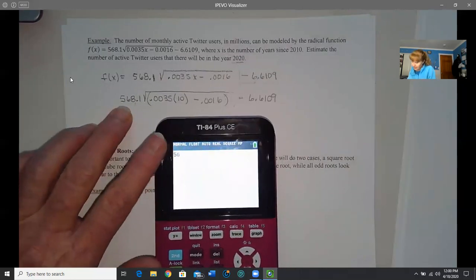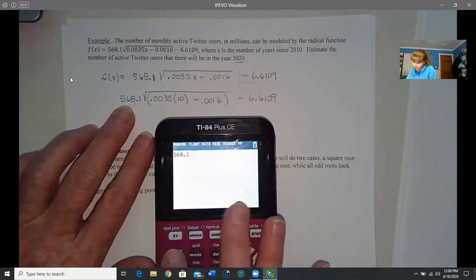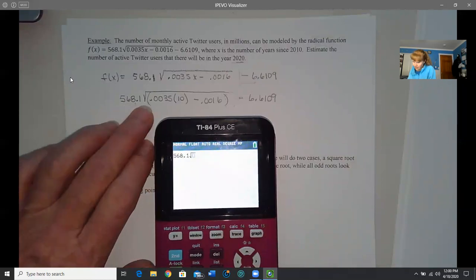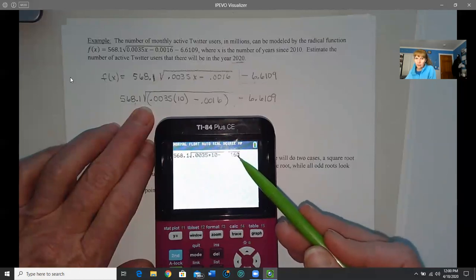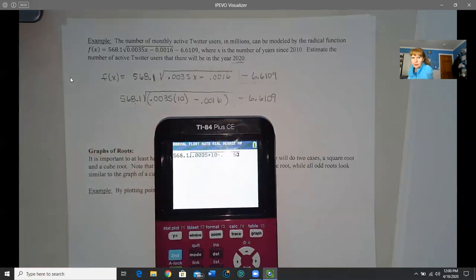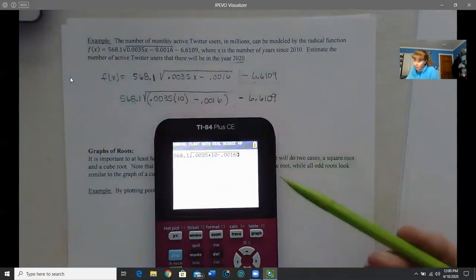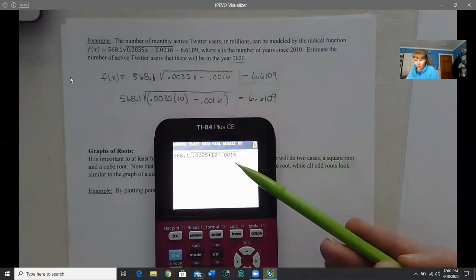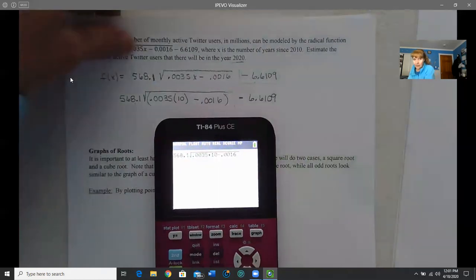So we have 568.1, and then you do your square root, which in my case is a blue key, square root of 0.0035 times 10, subtract 0.0016. Now you see it wants to keep going underneath the radical. Sorry, I don't know if I turned off there. Yeah, that might help, the glare. Okay, then it would keep going underneath the radical, so you have to arrow out of that.